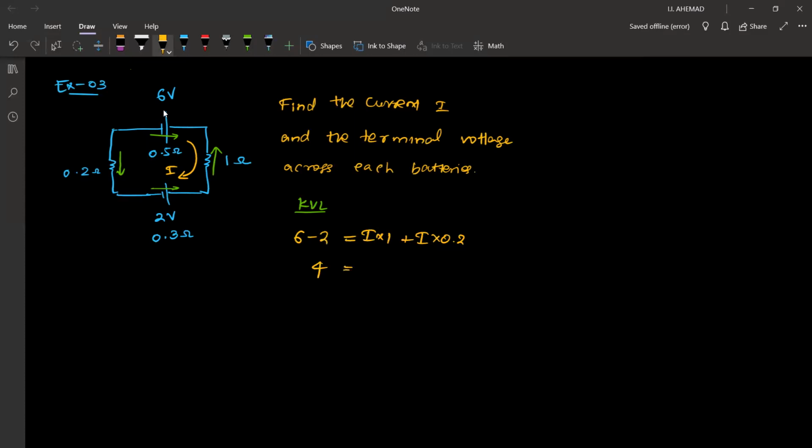So 4 equals 1.2 I, so I equals 4 over 1.2, which is 10 by 3, about 3.33 amperes.